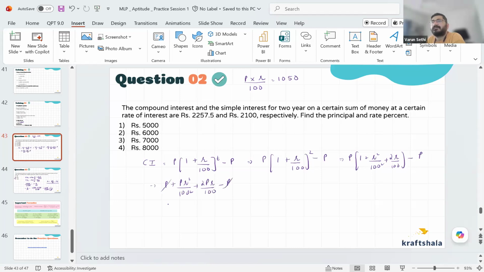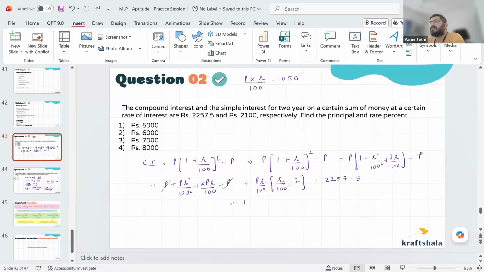P and P cancelled, right? What do you get? PR upon 100, I have taken it as common. Then R upon 100 plus 2. Correct? Yes or no? Yes. Now this is equal to 2257.5. Now I know PR upon 100 is 1050.